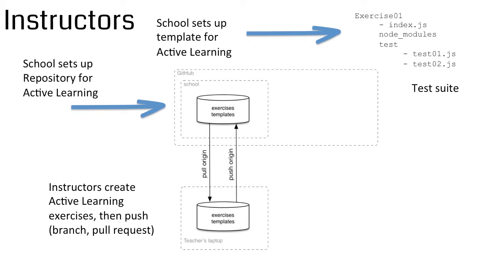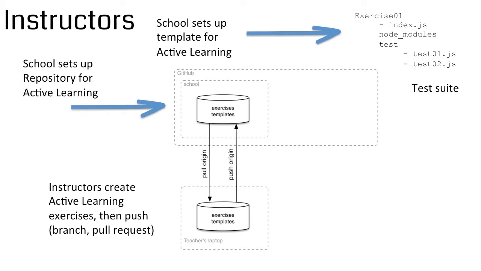So starting out with the instructors, what you see here in the diagram is a GitHub repository. Somebody would set that up. Instructors themselves would create pull requests into that repository, which would be the exercises. We'd have some template that we would recommend everybody follow. There'd be exercise files in addition to a test suite that could be run against those exercises or homeworks.